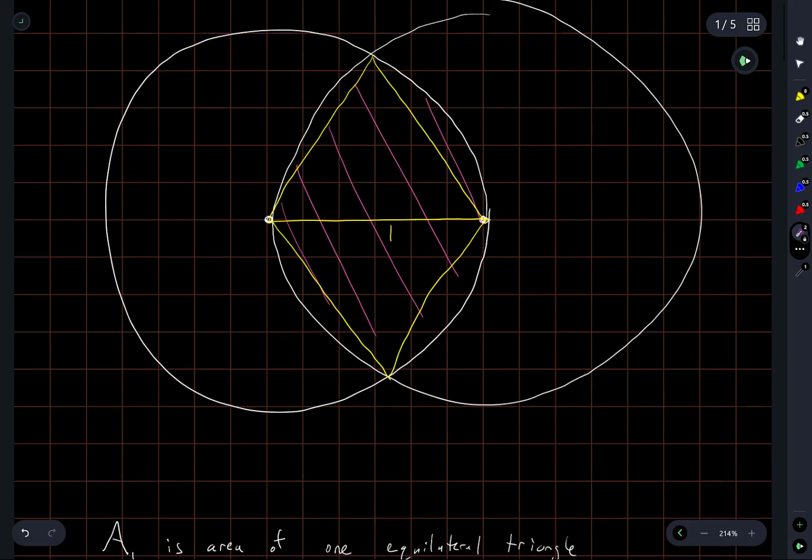So you can see from the figure right away, if you look at this slice of pi, and if you subtract the equilateral triangle, then you end up with the area of this thin piece here.